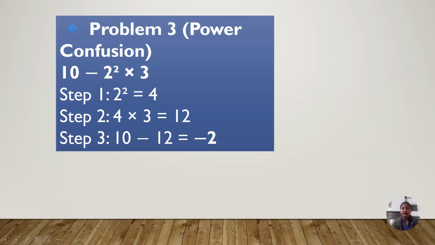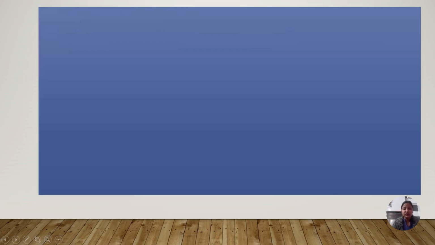Then what do you need to solve first? You need to solve first multiplication, then division, then subtraction. So 2 square equals 4, you need to multiply with 3. Then you will get 12. When you subtract 12 from 10, 10 minus 12, you will get minus 2. Is it clear for you?